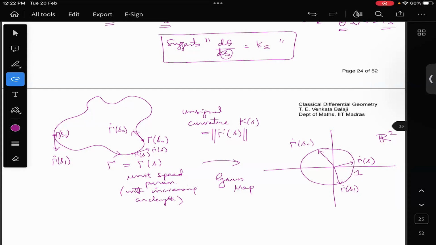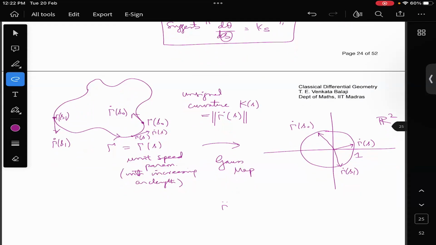Now what is gamma double dot s? It is nothing but d by ds of gamma dot of s. Gamma dot s is a unit tangent vector because it is unit speed, and you are only looking at the rate of change of that with respect to s. For the tangent vector, the length never changes, only the angle changes.